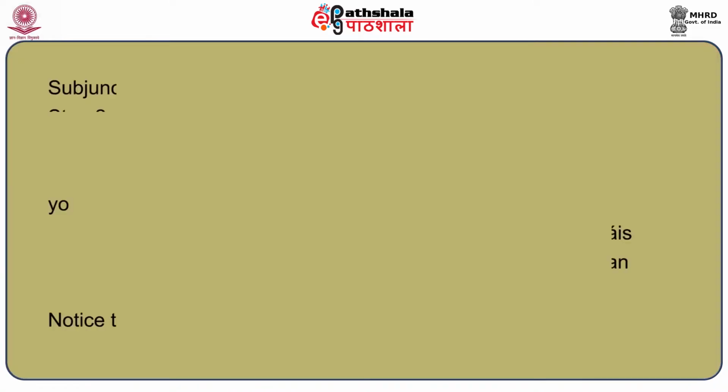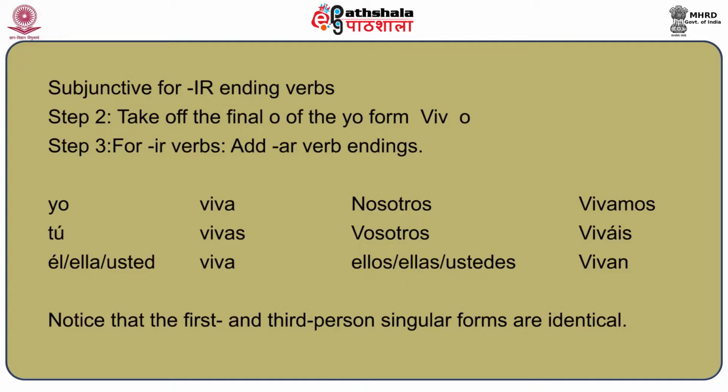The subjunctive for the IR ending verbs follows the same pattern of three steps. First, the yo indicative form of the verb vivir, vivo. Second step, take off the final O of the yo form. And finally, add the AR endings to the stem viv.